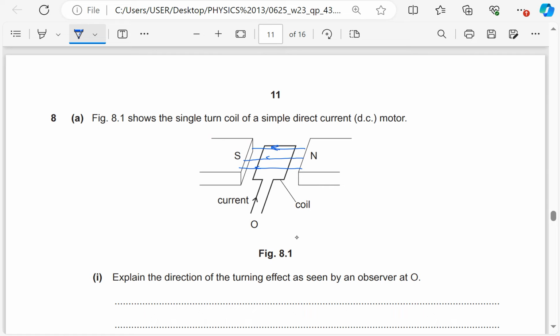If you use Fleming's left-hand rule, your first finger points to the left-hand side. Then the current, let's say on the left-hand side, is flowing in that direction. On the right-hand side, the current is flowing in this direction. The second finger of your left hand points in the direction of the current.